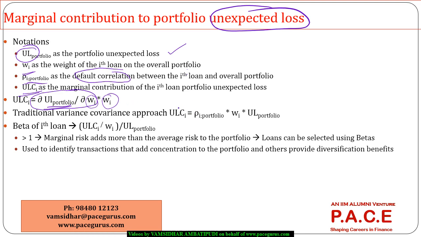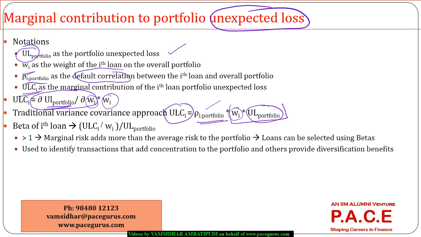But at the same time, if I am using the traditional variance-covariance approach, then the contribution of the ith loan to the overall portfolio's unexpected loss is taken based on the default correlation between the ith loan and the overall portfolio, multiplied by the weight of that loan in the overall portfolio, multiplied by the unexpected loss of the portfolio.